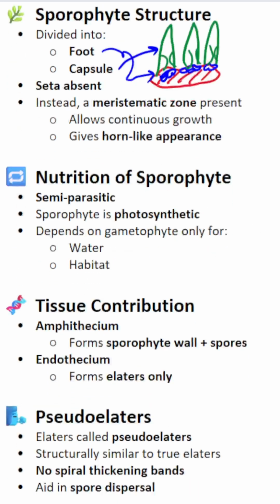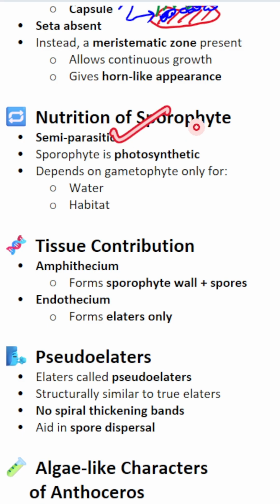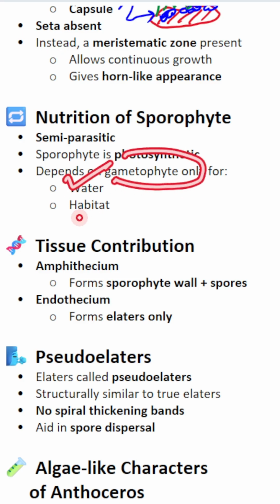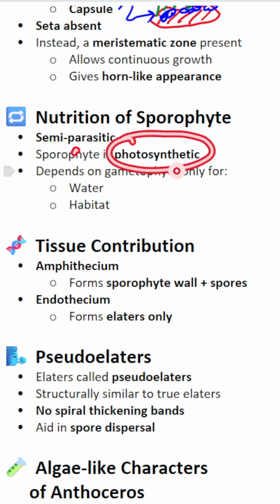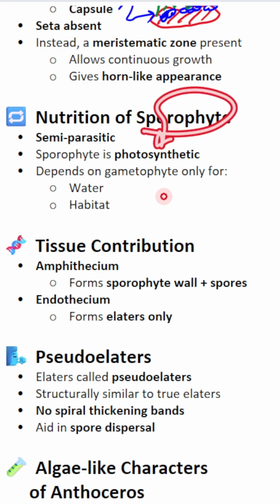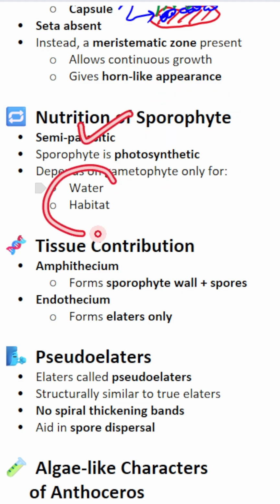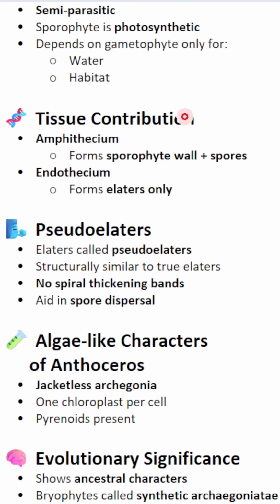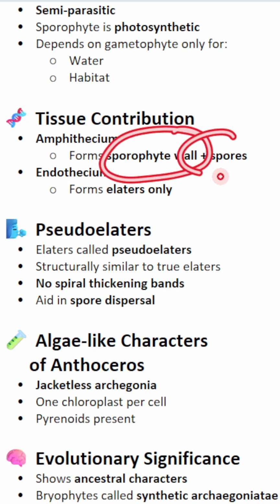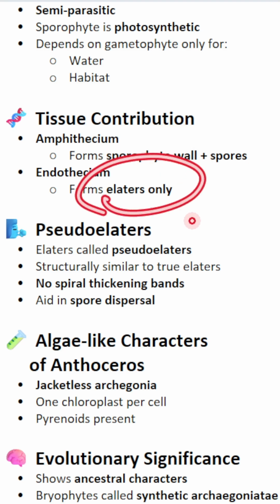Now let's move into nutrition. They are semi-parasites, meaning the sporophyte is also photosynthetic, but only partially, not 100%. They depend on the gametophyte for water and habitat. Regarding tissue contribution, as in liverworts, the amphithecium and endothecium are present. The amphithecium forms the spore wall and spores, and the endothecium forms the elaters.